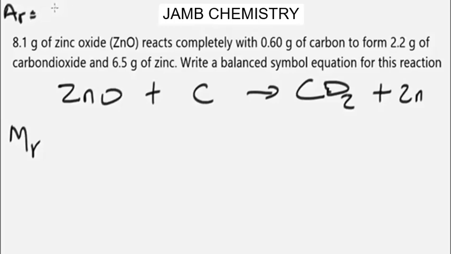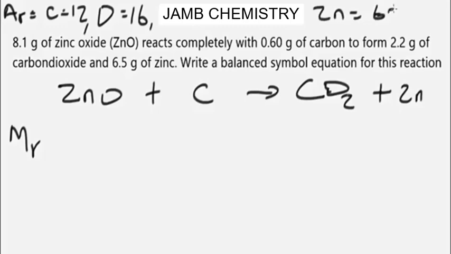We have that of carbon to be 12, that of oxygen to be 16, and zinc to be 65. So we can use this information now to get our relative formula mass.